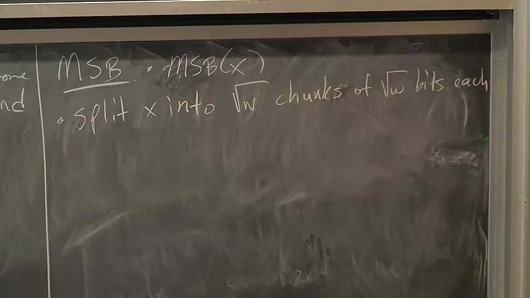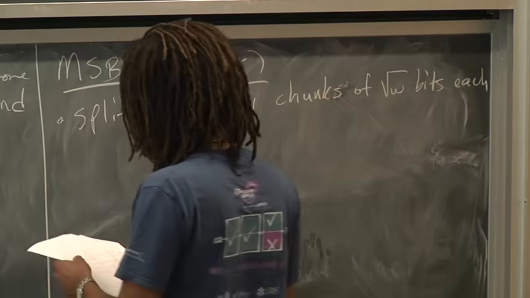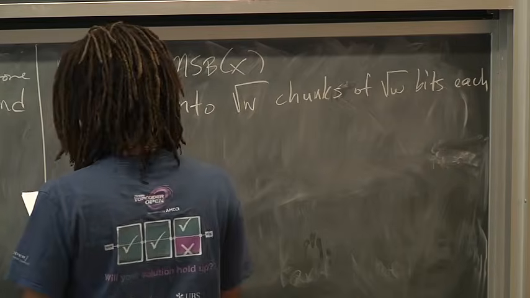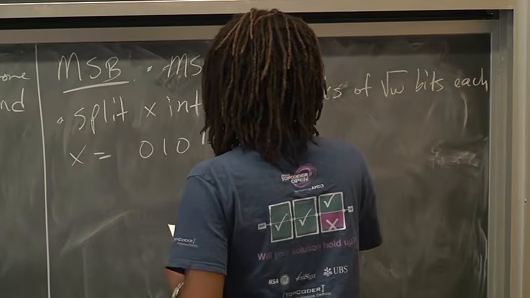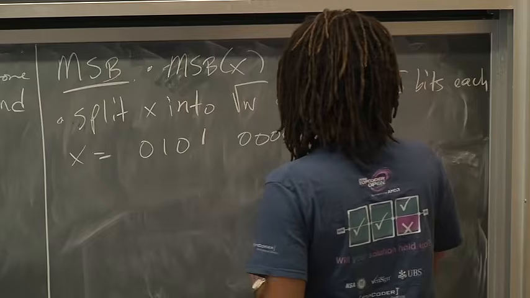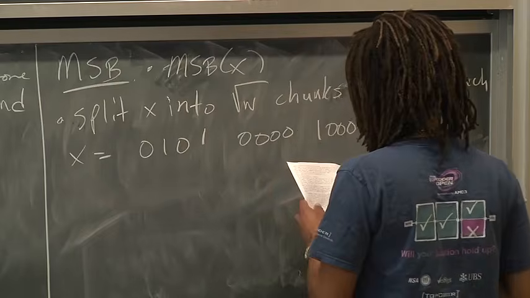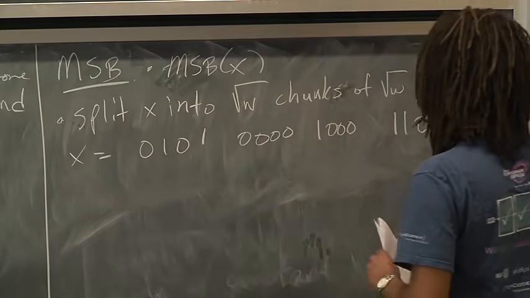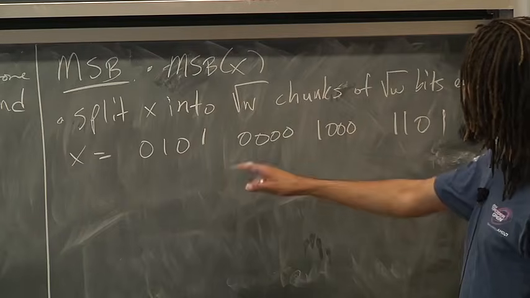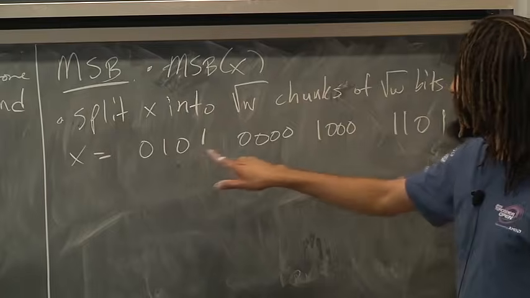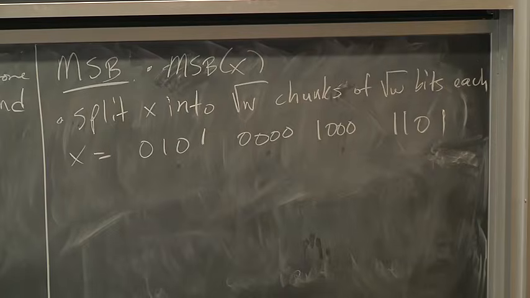It's not going to be recursive like van Emde Boas. This is just a one-time thing. So for example, if I write x being 0, 1, 0, 1, 0, 0, 0, 0, 1, 0, 0, 0, 1, 1, 0, 1. So here, w is 16, and root w is 4. This is the first chunk, this chunk, this chunk, this chunk.